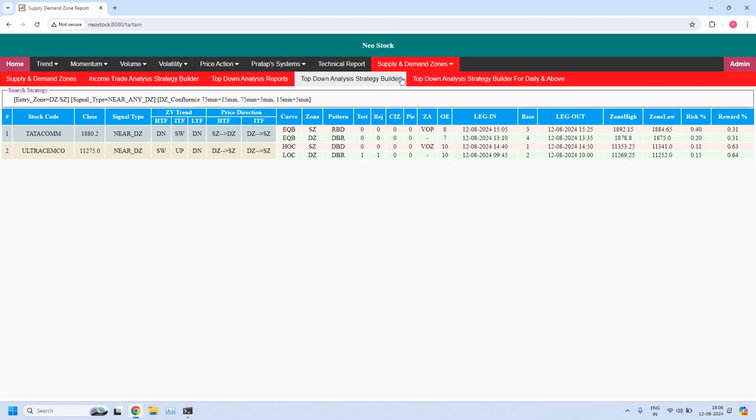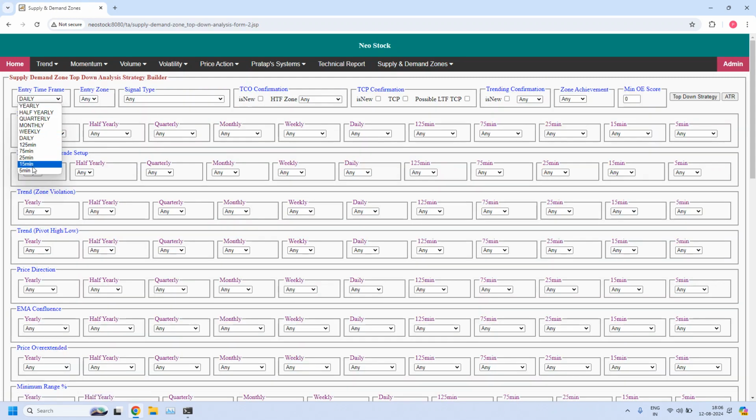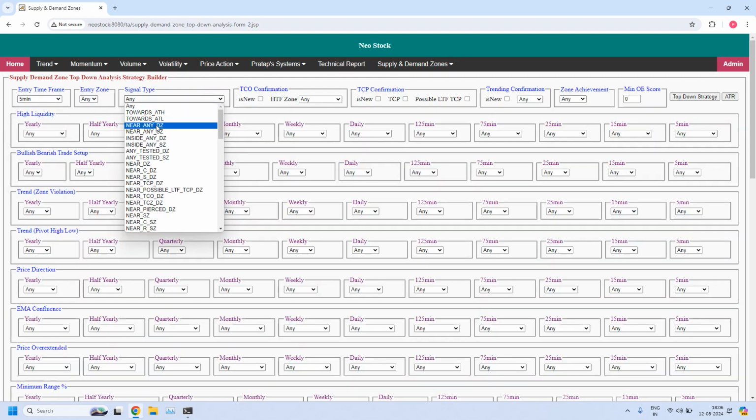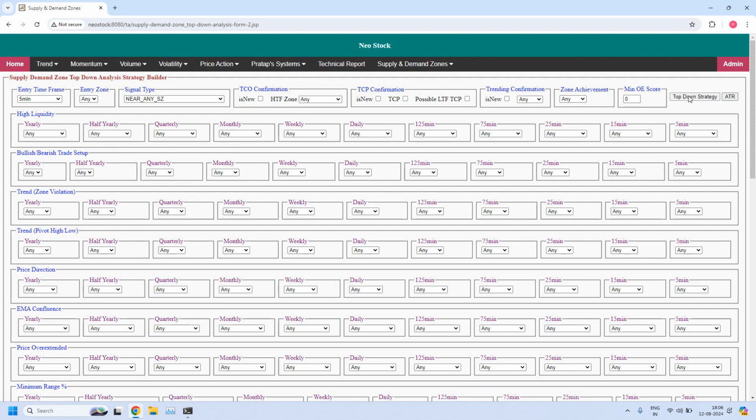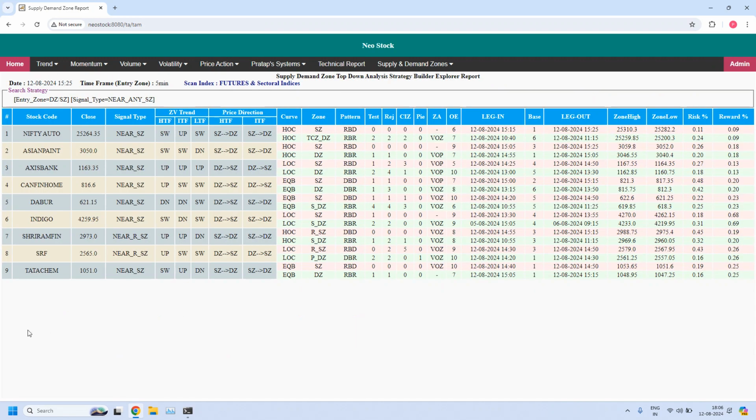Okay, and the next report for the 5 minutes time frame, let us find the stocks near the 5 minutes supply zone. 9 stocks are filtered near the 5 minute supply zone. Now let us verify how many of these stocks are having confluence with the 15 minute supply zone.